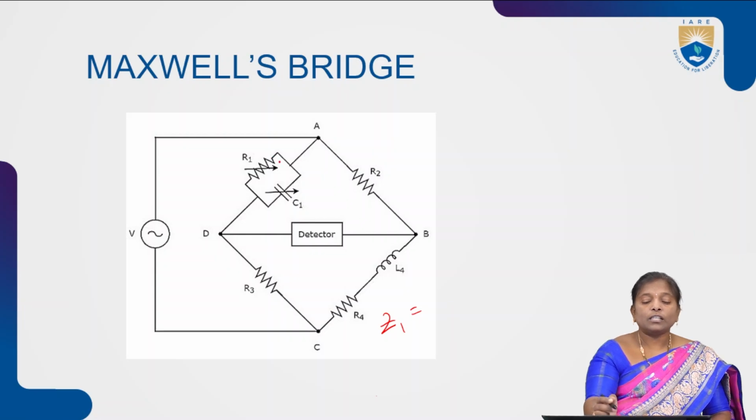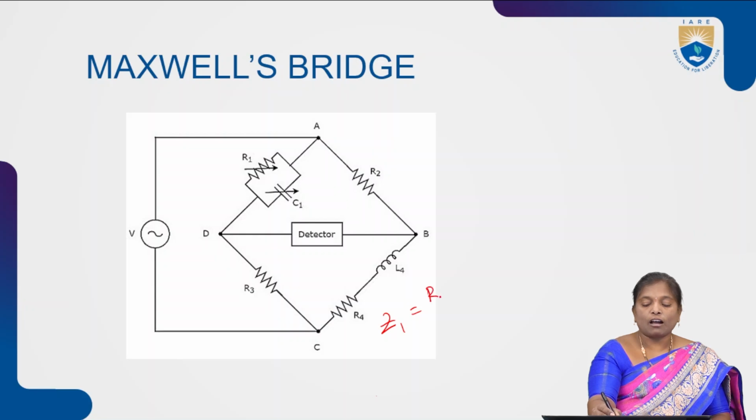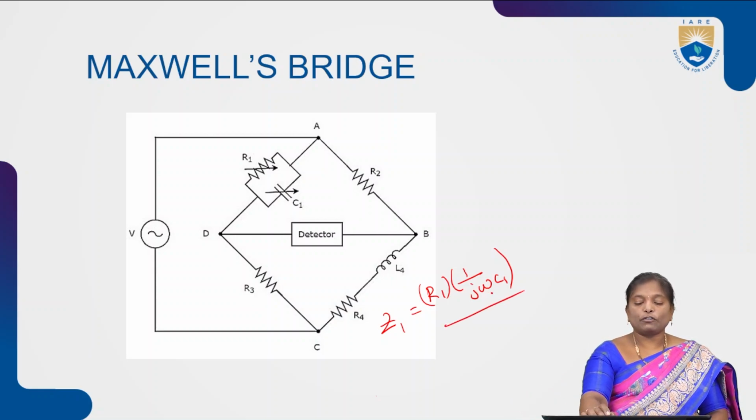As we know, if 2 components are in parallel, the resultant is the product of the two components divided by their sum. The first is resistance R1, and the impedance of a capacitance is 1 by j omega C1.